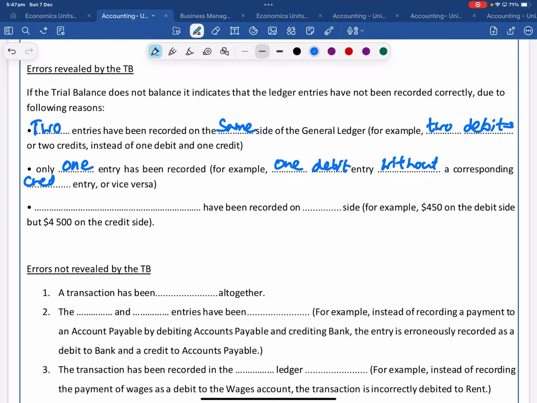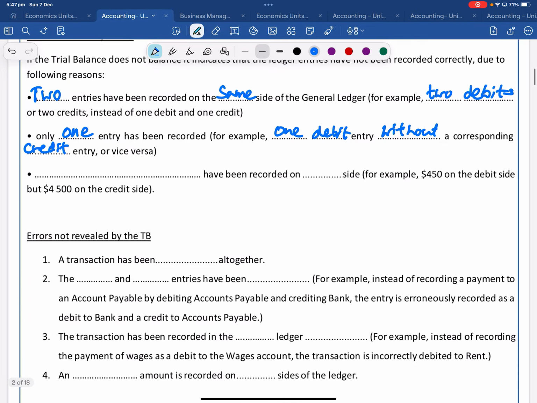Right? Next one. Different amounts have been recorded on each side. For example, 450 on the debit side, but 4500 on the credit side. Right?